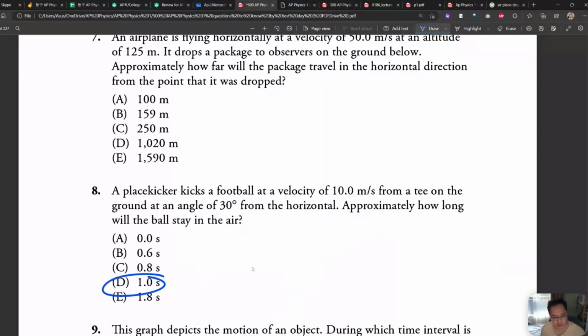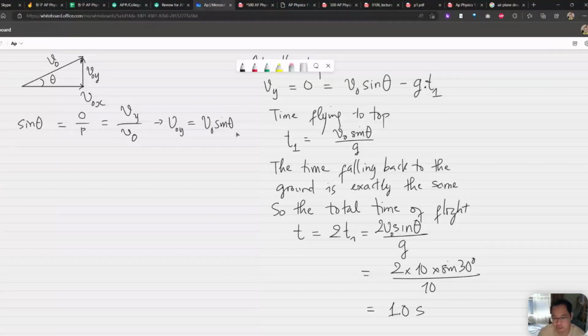I don't understand why T is 2 times T1. Here I told you, the time for going to the top is T1, and then it takes the same time, another T1, to fall back to the ground.